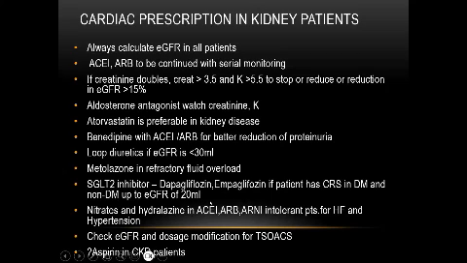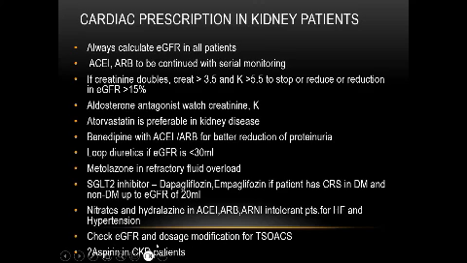And whenever you are not able to use ACE inhibitor and ARB because of hyperkalemia, then you can use nitrate and hydralazine for reducing afterload, because these two drugs also have the mortality benefit. And always, when the patient is on oral anticoagulants, especially the target-specific oral anticoagulants, you have to check GFR and adjust the doses.